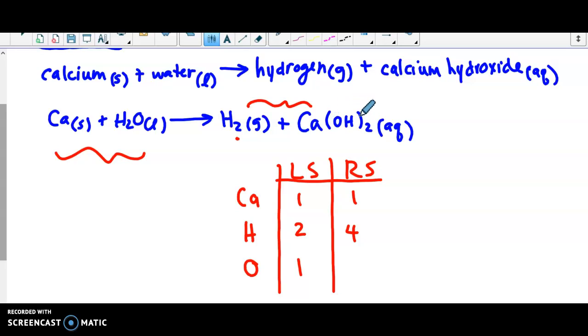I've got 2 hydroxides. So I imagine like I'm distributing the 2 inside the brackets, meaning I've got 2 hydrogens and 2 oxygens in this compound here. So I've got 1, 2, 3, 4 of hydrogen, and I've got 2 oxygens. Therefore, this is also not yet balanced.